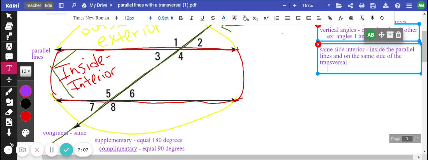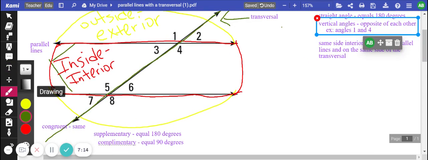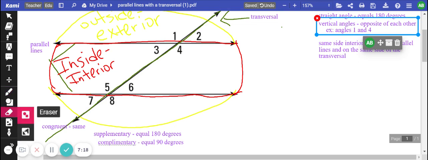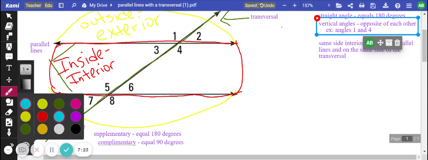An example of that would be angles 5 and 3. I'll use a different color here.